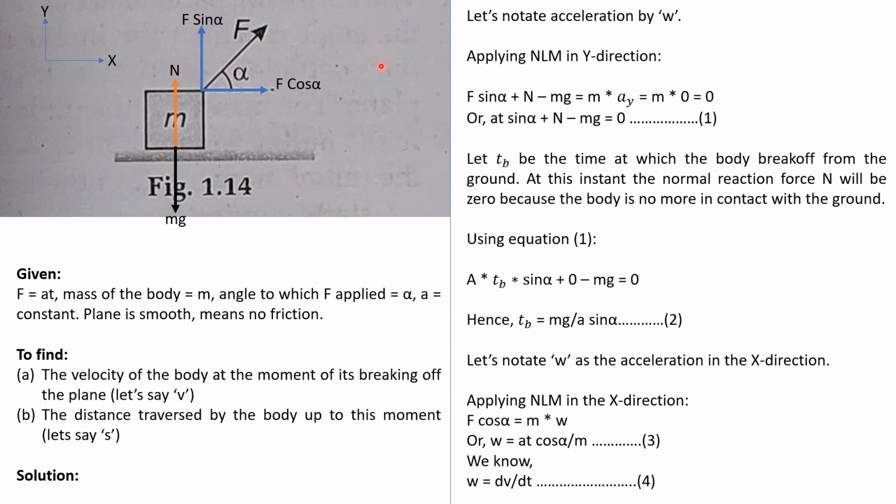N is also acting in the y direction. mg is acting in the negative y direction. This equals mass into acceleration in the y direction. But acceleration in the y direction will be 0 till the time the body breaks off from the plane.